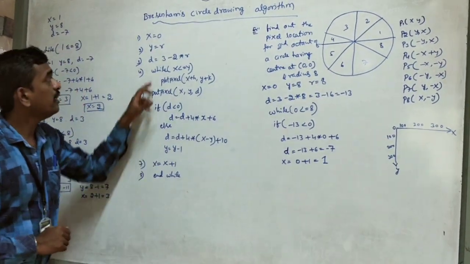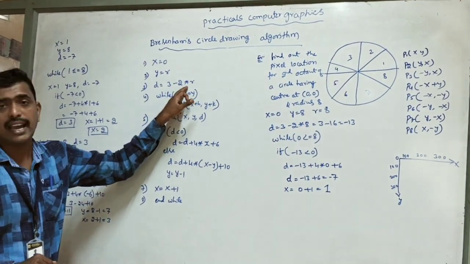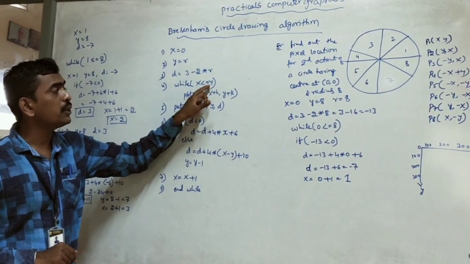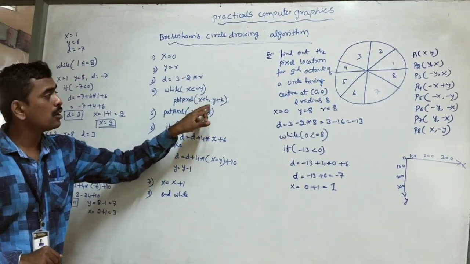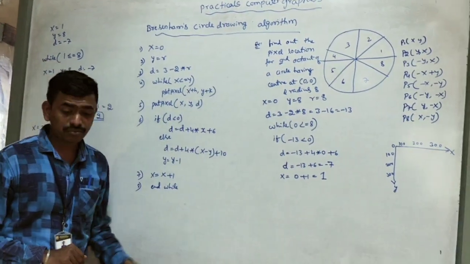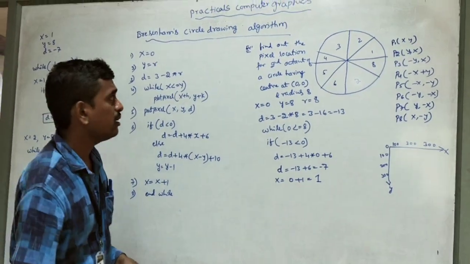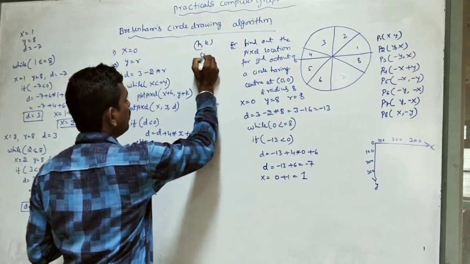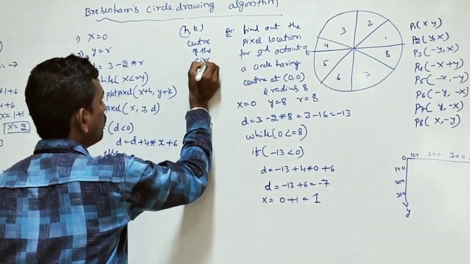While x is less than or equal to y, plot the pixel x plus h comma y plus k, where h comma k is the center of the circle.